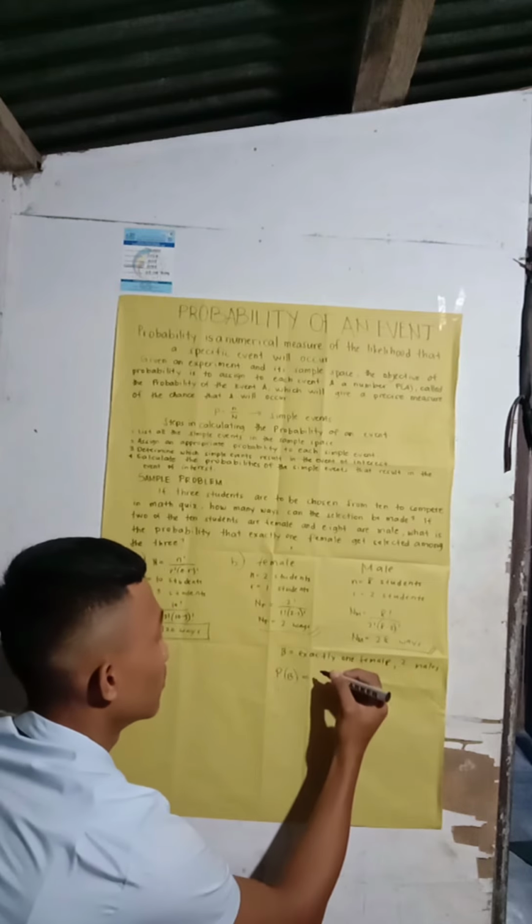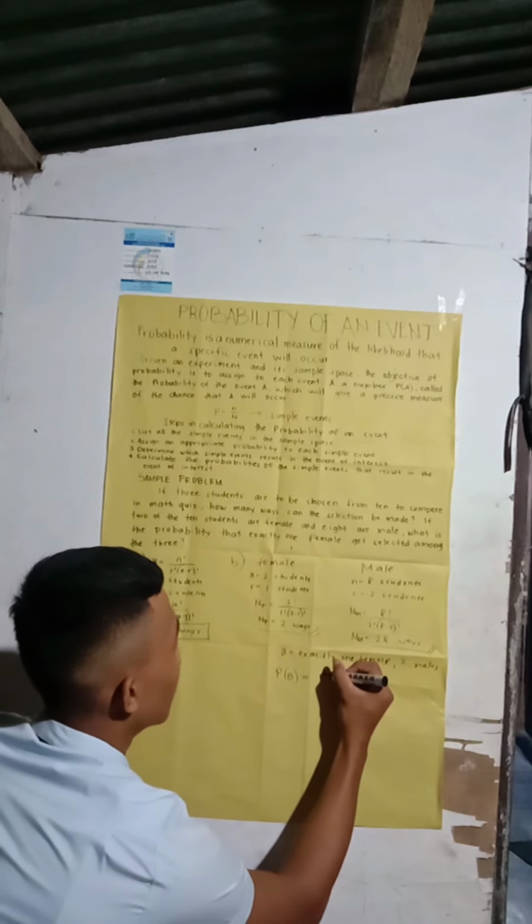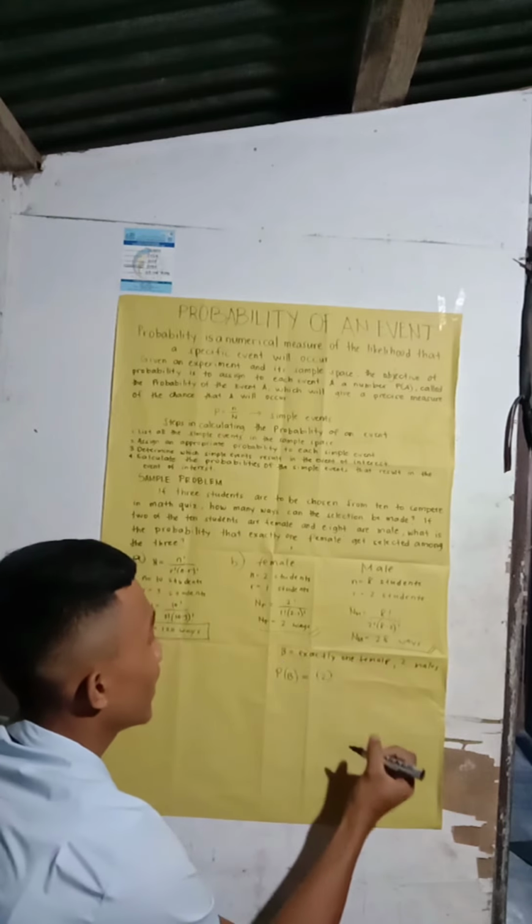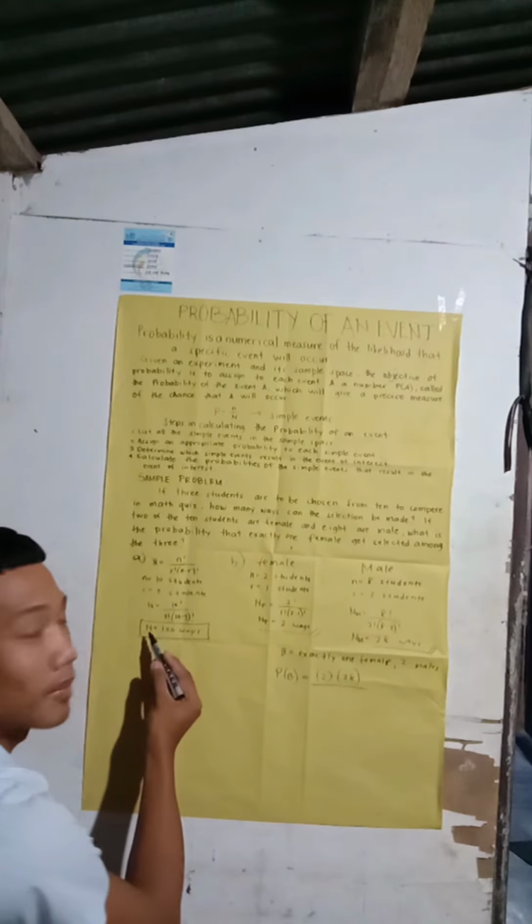So the P of B is now equal to the ways we can select one female, 2, multiplied by the ways we can select two males, 28, all over our total subsets, 120 ways.